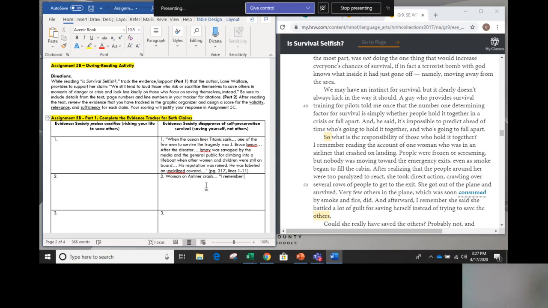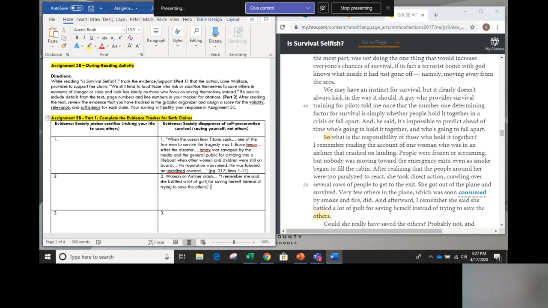I remember she said that she battled a lot of guilt for saving herself instead of trying to save the others.